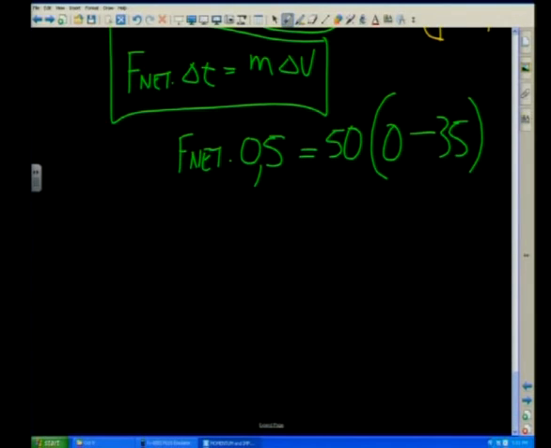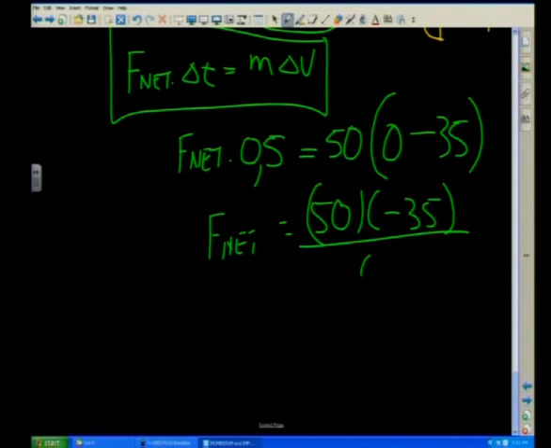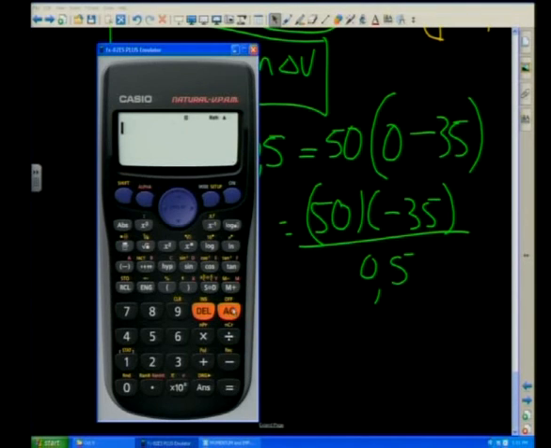Therefore, F net is going to equal 50 multiplied by minus 35 divided by 0.5. So let's bring up the calculator and do this together. We've got a value of 50 multiplied by minus 35, and that gives us minus 1,750.